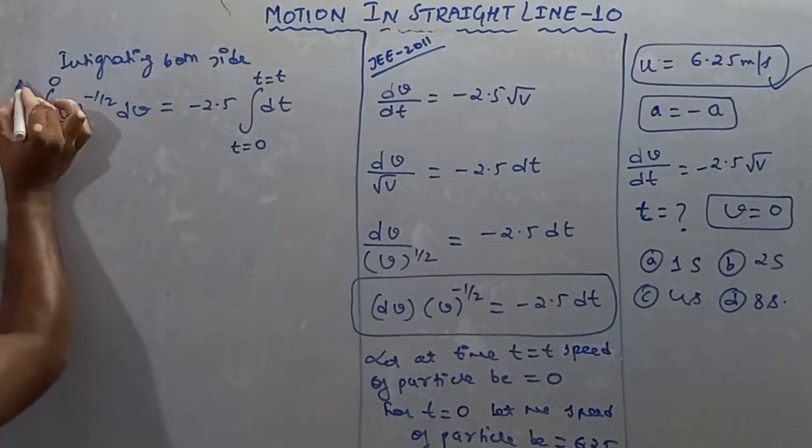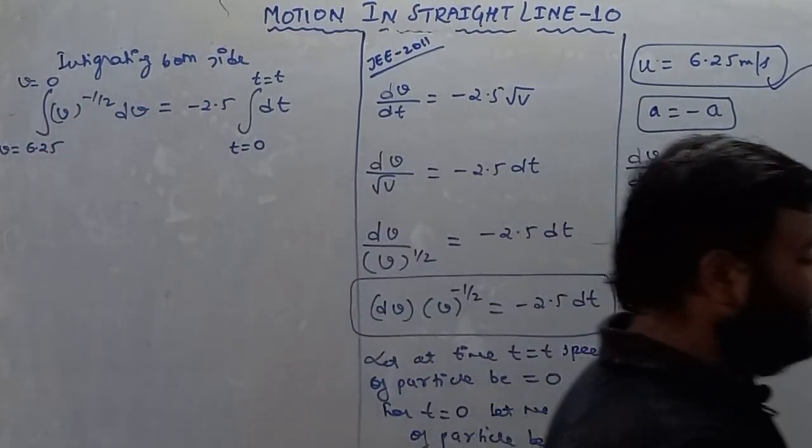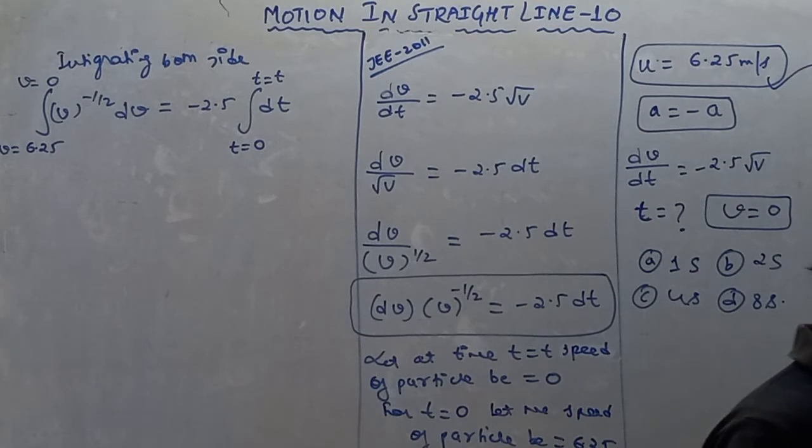At t is equal to t, the speed becomes 0. Now try to integrate this term, my dear student, then only you'll get the answer.